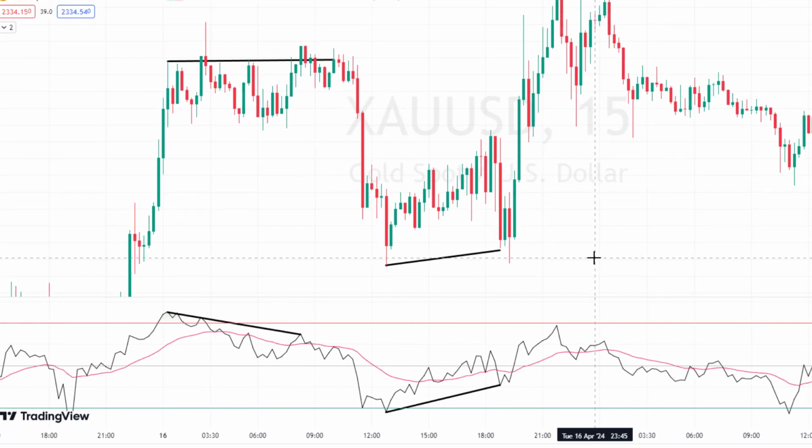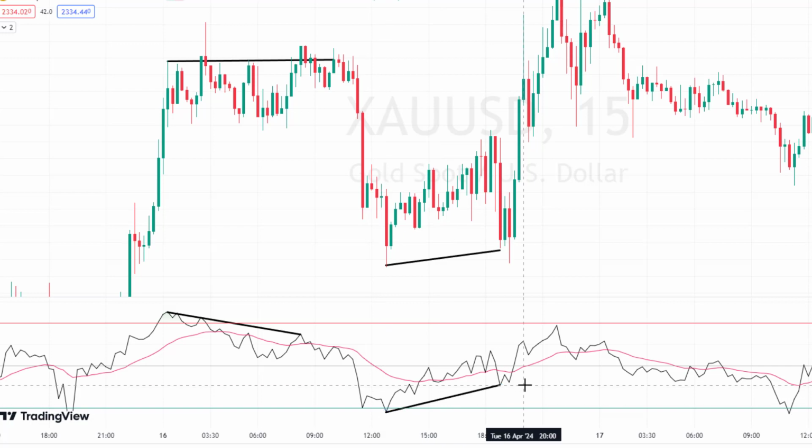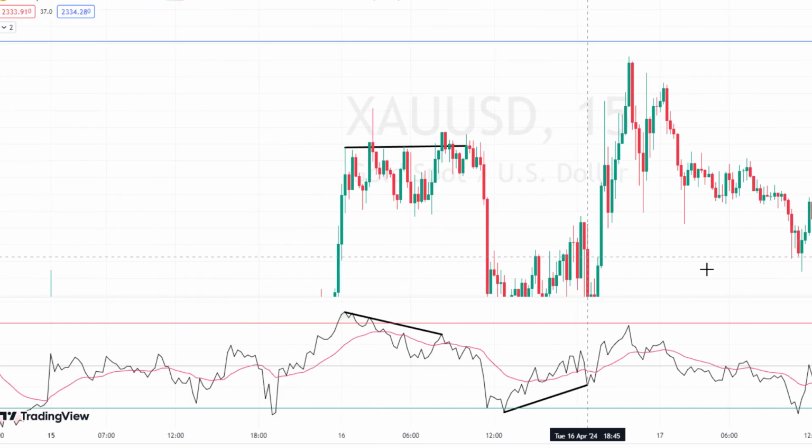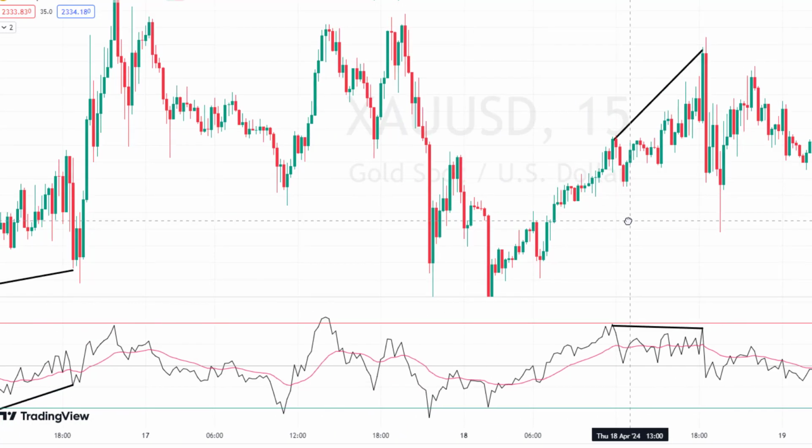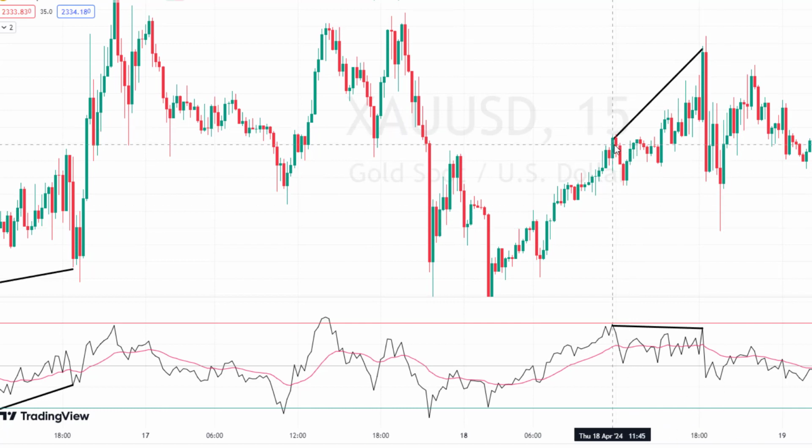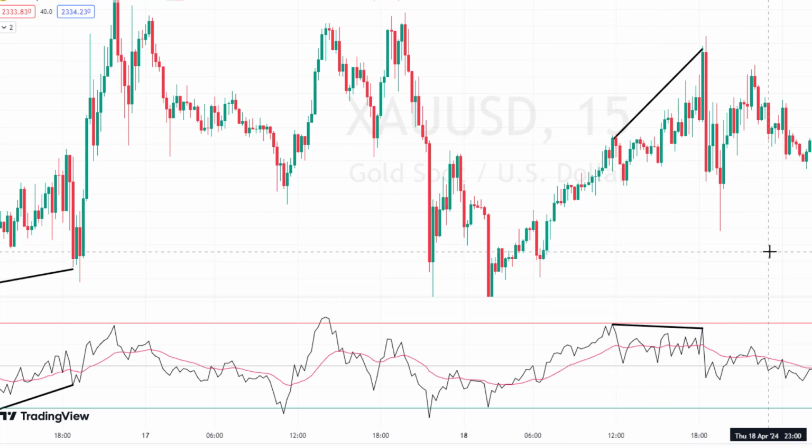Now you can see the clear divergence here. The prices are moving up and the indicator is also showing us clear divergences. Now I am showing you some other examples of RSI divergences. The prices are moving up, but the RSI indicator is showing that we have to catch a sell trade.